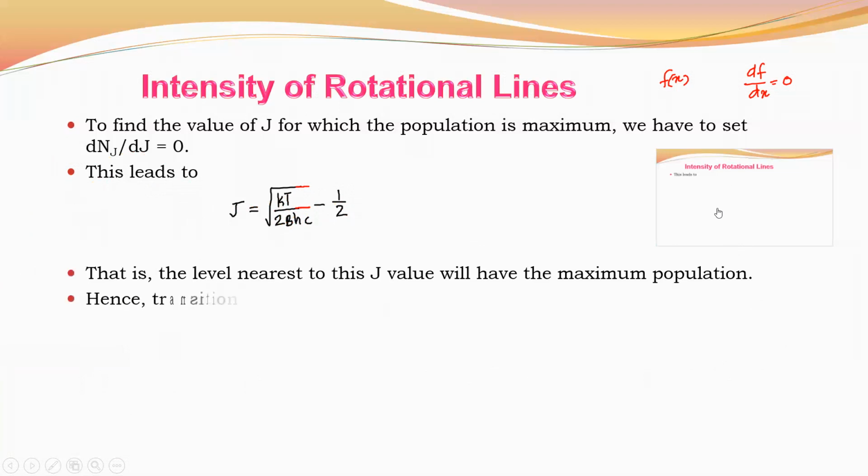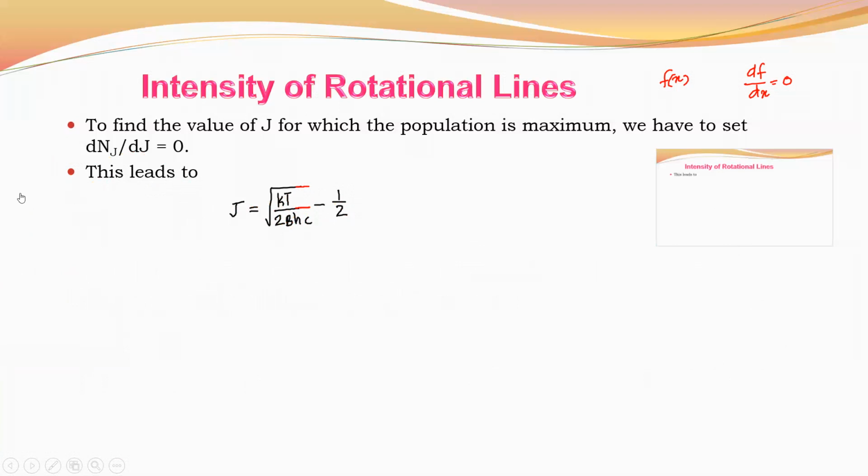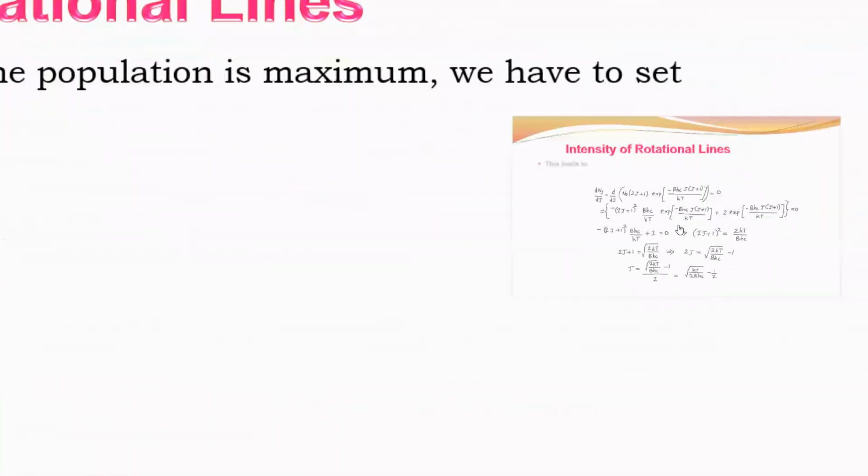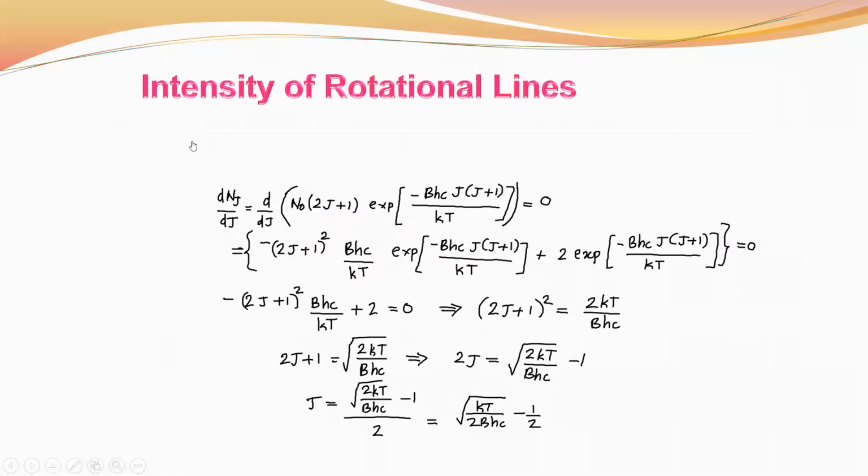We can see the steps involved in getting the value of J on this slide, that is, dnJ by dJ is equal to d by dJ of n0 into 2J plus 1 into exponent of minus BhcJ into J plus 1 divided by kT, equal to 0.